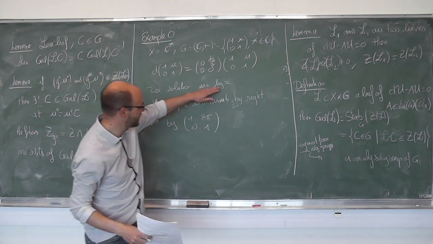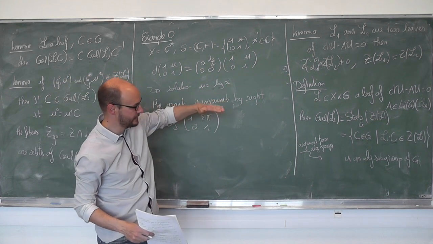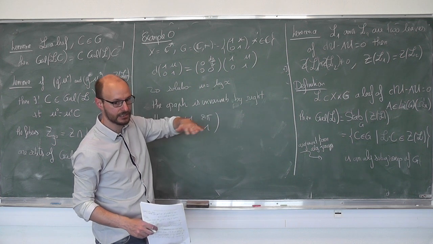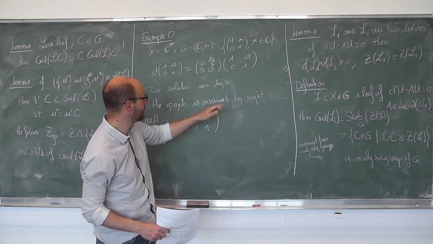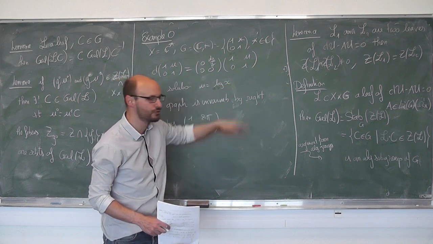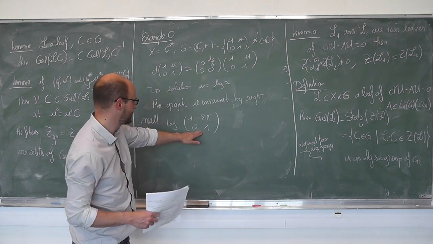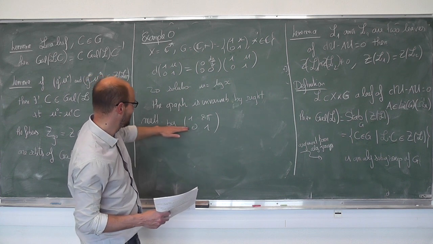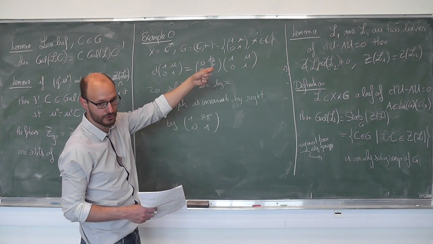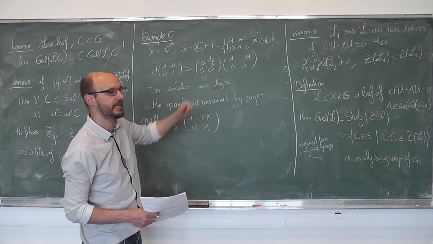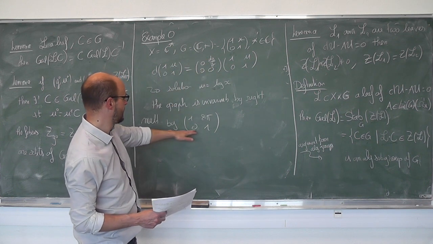This is just because log of x is not well defined. It has some monodromy. If you do analytic continuation, you will obtain log of x plus 2i pi, which is this one. So this matrix is sending the graph of the solution to another determination of the solution.